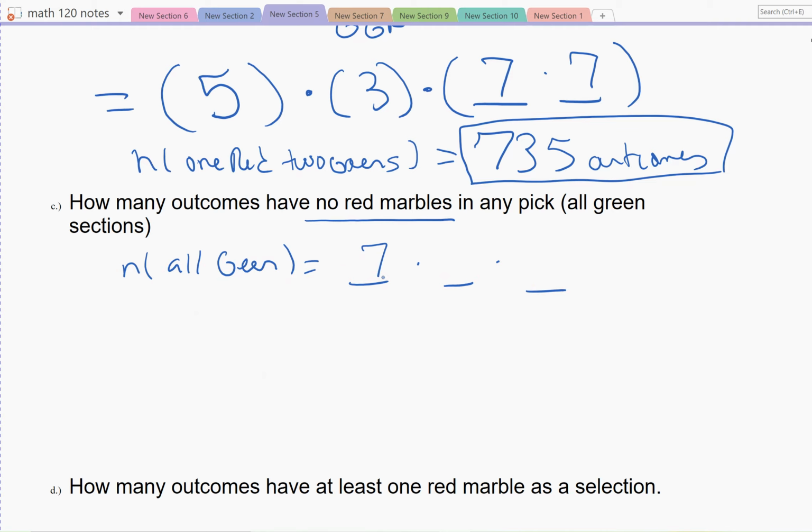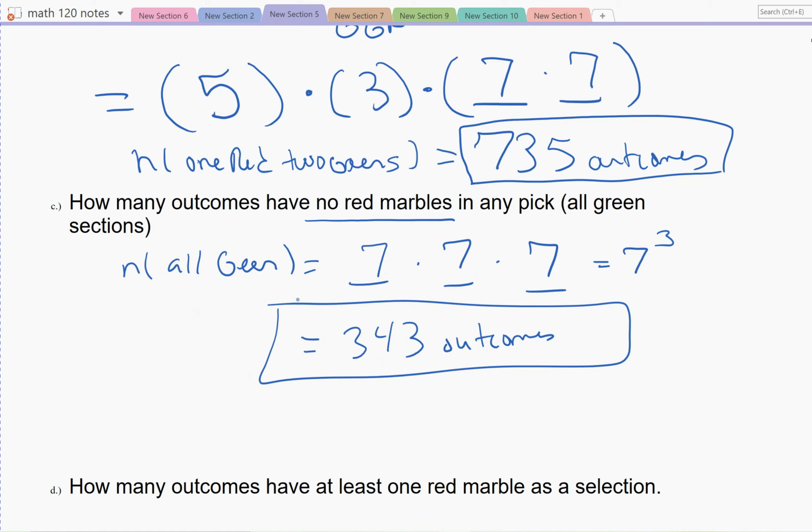Since I replaced it, I could technically pick the same green marble all 3 times. So 7 for the second and 7 for the third, so 7 cubed, which is 343 outcomes. So out of my 1,728 possible outcomes, 343 of them are all green marbles, no red marbles.